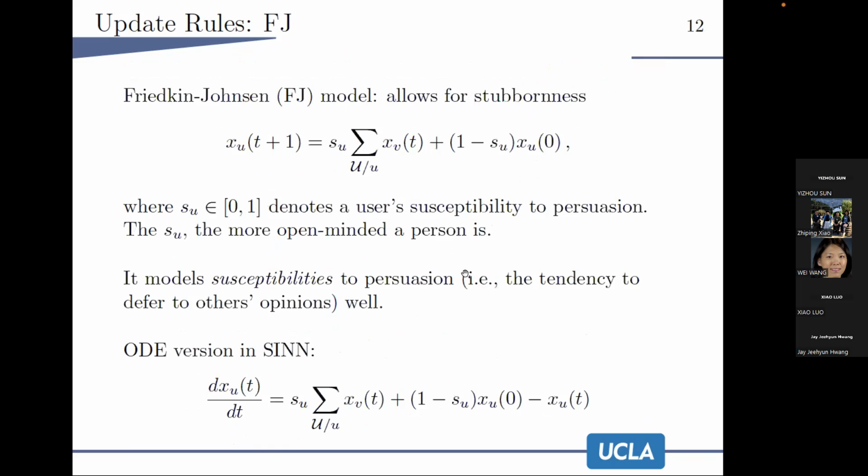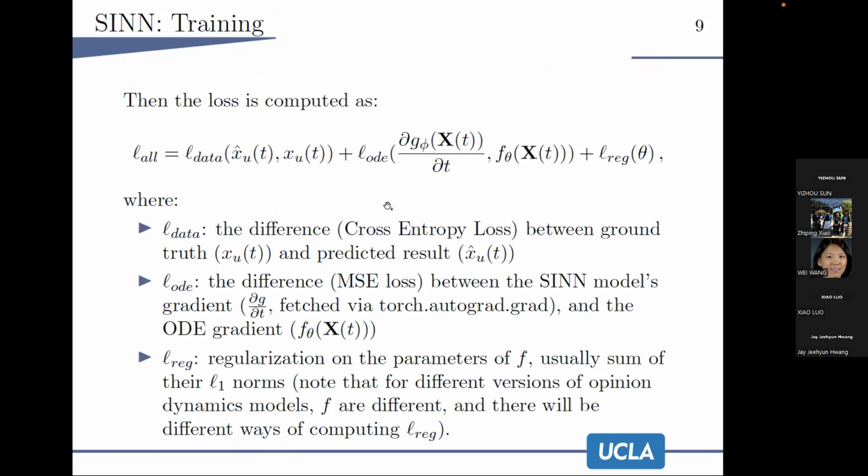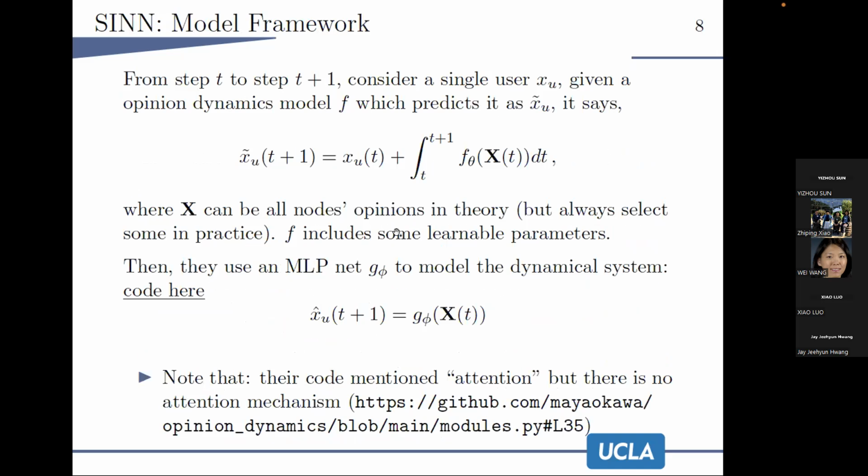Okay, let's go a few pages back here. It's because in this equation, not only G is getting trained, but also F is getting trained at the same time. These two models are getting trained: one is the MLP model that they use to mimic the dynamic changes within the system, and the other is the ODE function that's used to model the opinion dynamics model in theory.